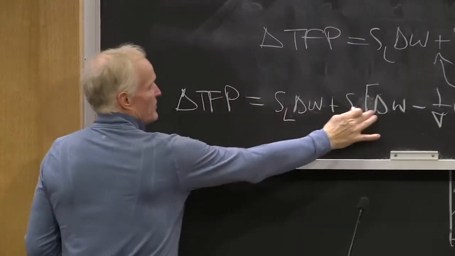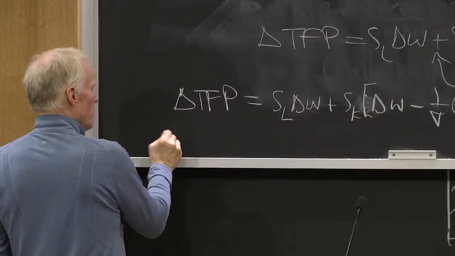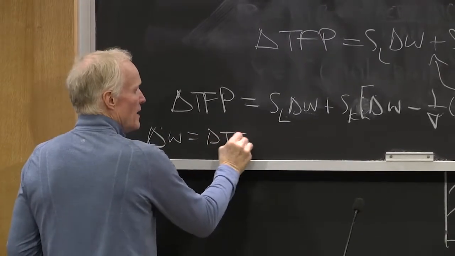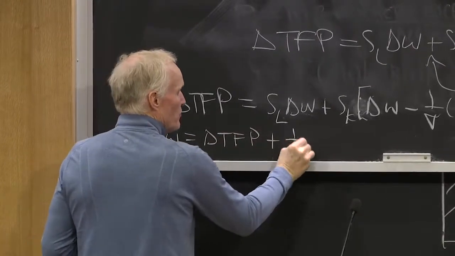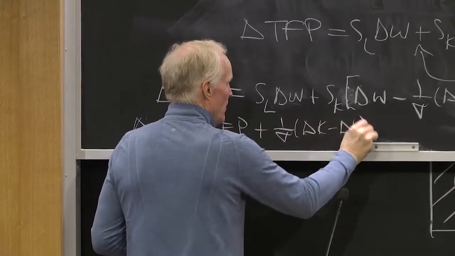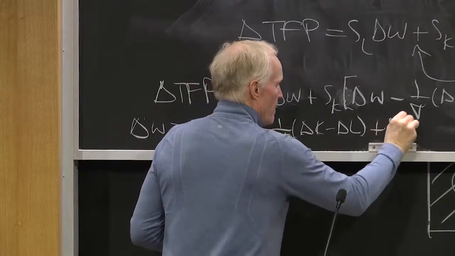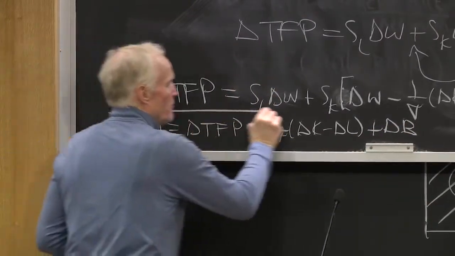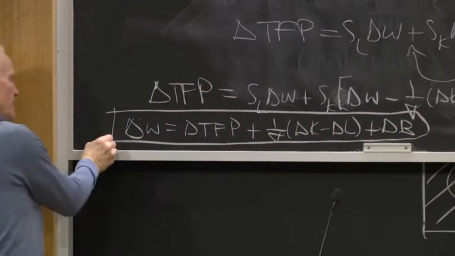So this is delta W. So delta W equals delta TFP plus 1 over sigma delta K minus delta L plus delta V. And that's probably the formula we should start with.